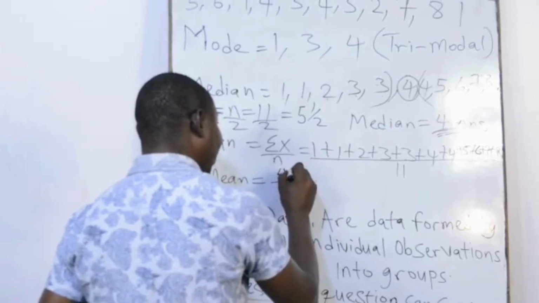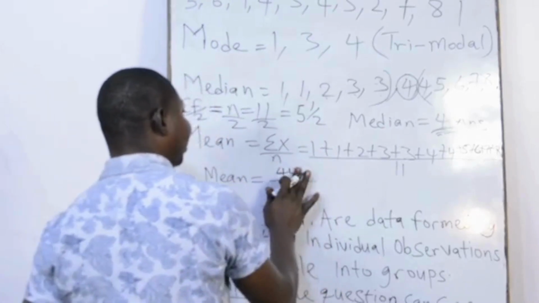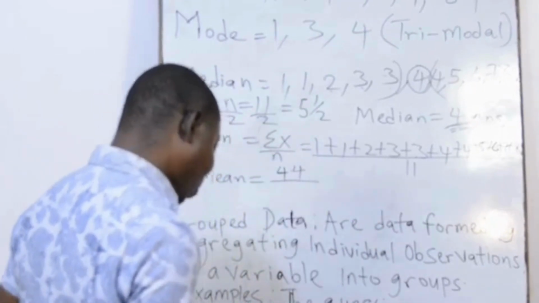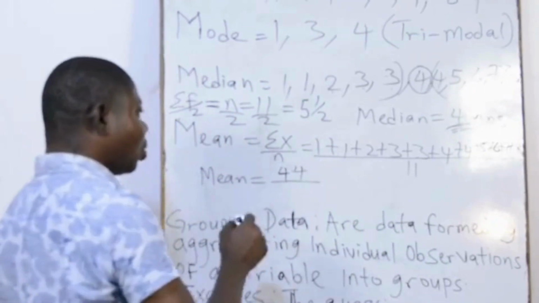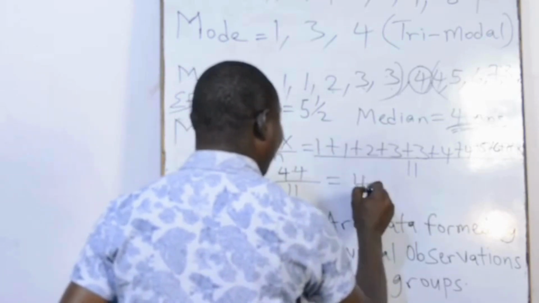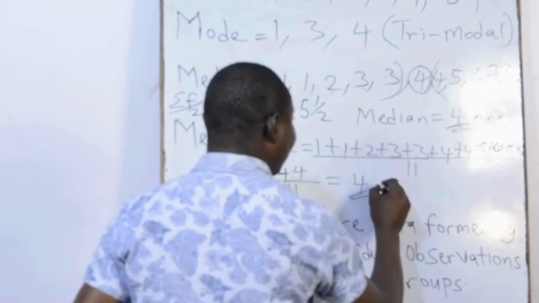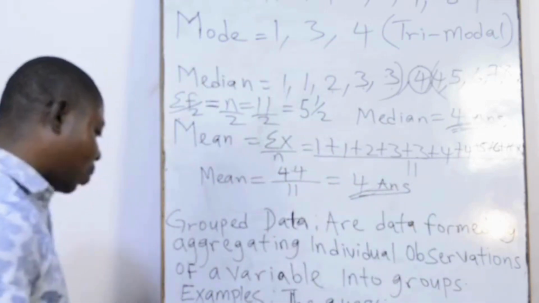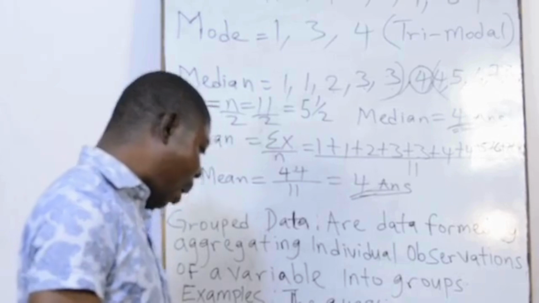Please add it. So everything will give us 44. So 44 divided by 11, our mean will be 4. That's the answer for our mean.